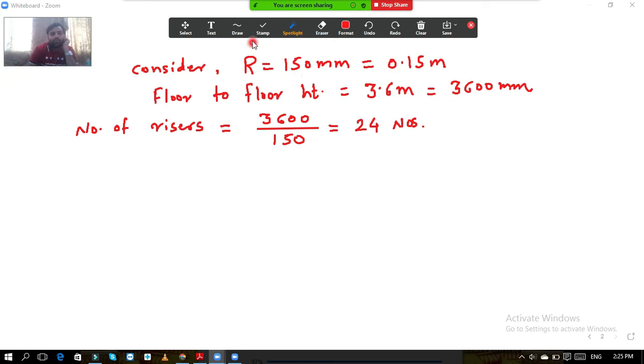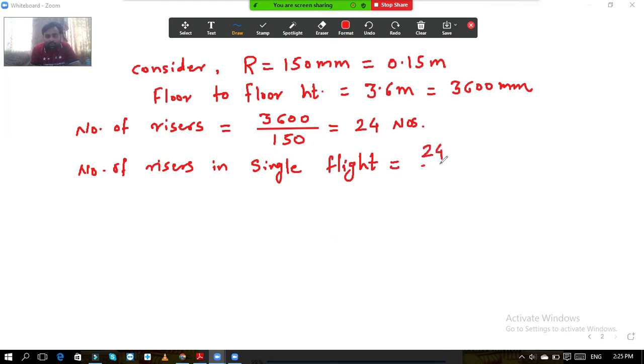So number of risers in single flight is 24 divided by 2, which is 12 numbers. Are you getting the point?